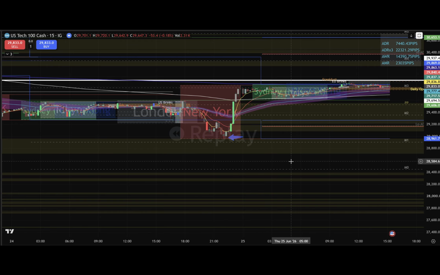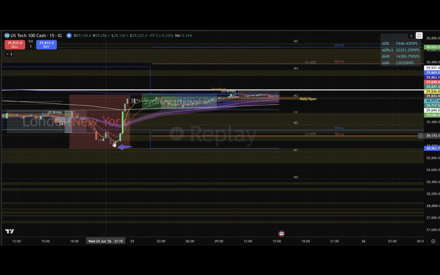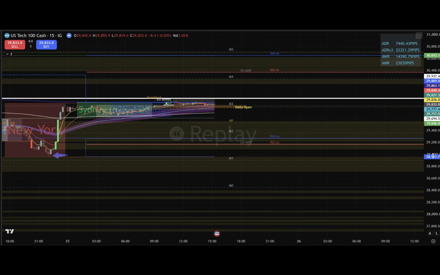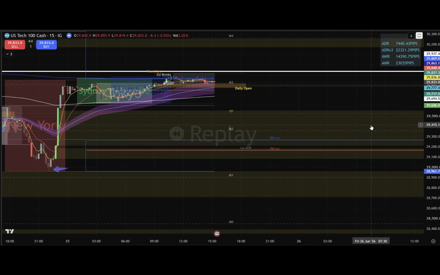All right, and then what happened afterwards? Price didn't do much. This was in New York, mind you, as you can see in the red box. Price didn't do much, right? Because in Sydney, the Asian session, it was kind of sideways. London, not so much. And then what happened? You have a clue. What was the clue? This red candle.